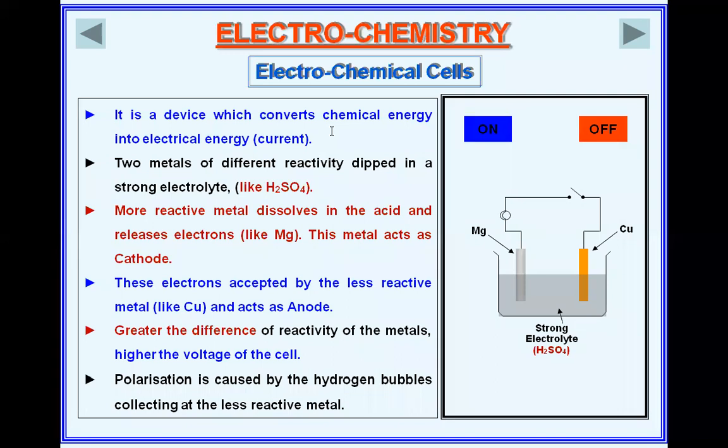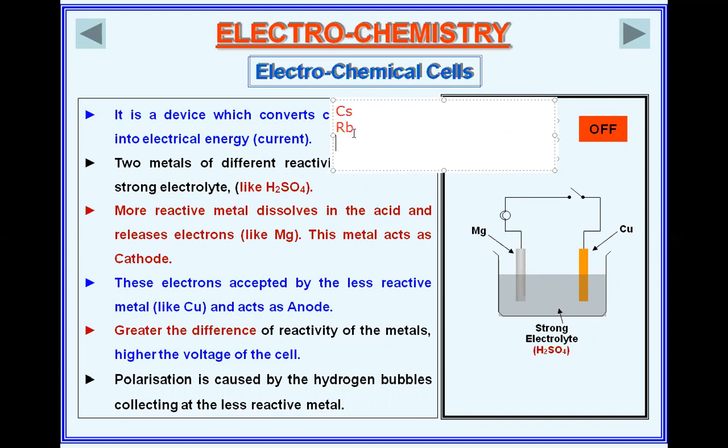they are the metals in the reactivity series like cesium, the highest reactive metal in the reactivity series, then rubidium, then potassium, then sodium, now lithium, then barium.